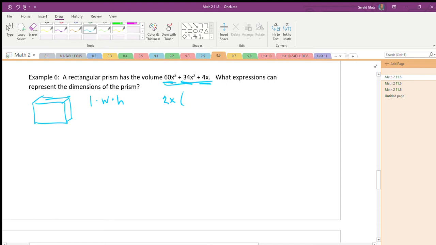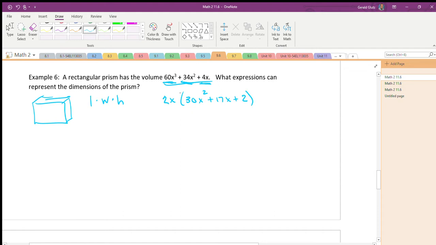So now I'm going to divide these by what I factored out. So 60 divided by 2 is 30. X cubed divided by x is just x squared. 34 divided by 2 is 17. X squared divided by x is x. 4 divided by 2 is 2. X divided by x is 1, so I'll just leave it like that.